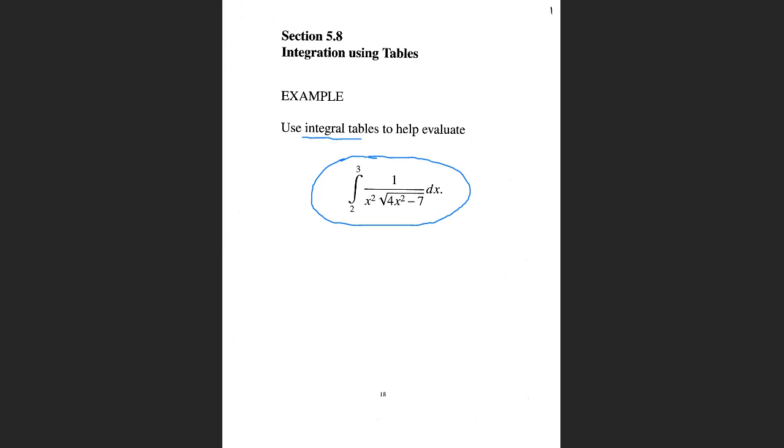Now, you have learned some good integration techniques, and this integral would need a technique called trig substitution to work out. But we're going to focus here on using tables of integrals.